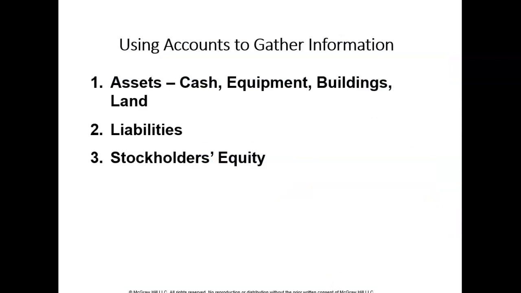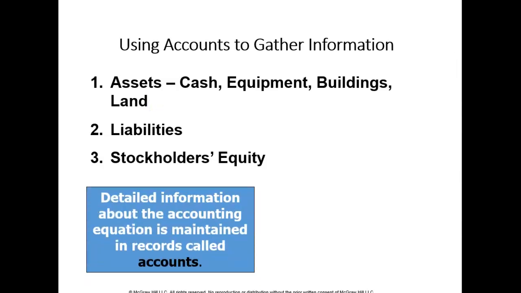Okay? So here are examples of different types of assets. So again, assets are the resources, things of value owned by a business organization. Cash, equipment, buildings, land are examples of different types of assets. So do me a quick favor, look around and see what type of assets you possess.